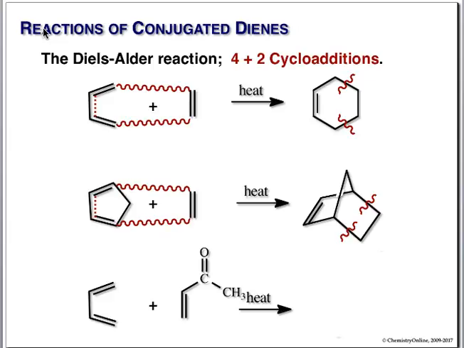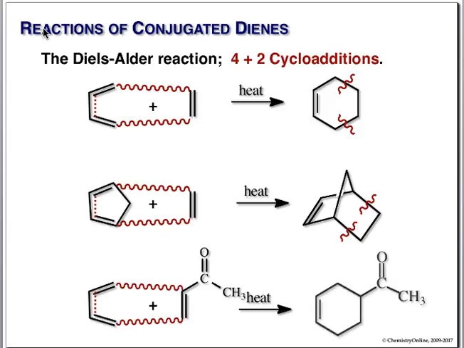So we're going to make bonds from here to here and here to here. We'll get a new double bond in between these 2 right here. This is just going to be a 6-membered ring with a double bond, isn't it? And we have the methyl ketone simply attached. And it looks like that.